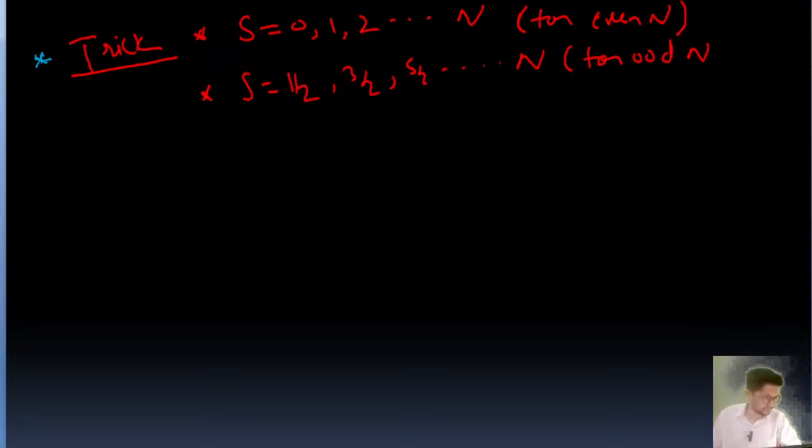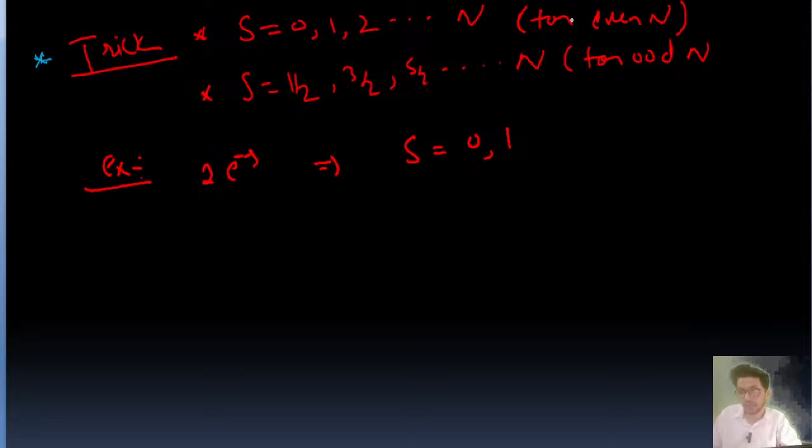Okay. So I'll give you an example. Like for two electrons, S is going to be 0, 1. For even n, we are talking about even n. Even n means two electrons.